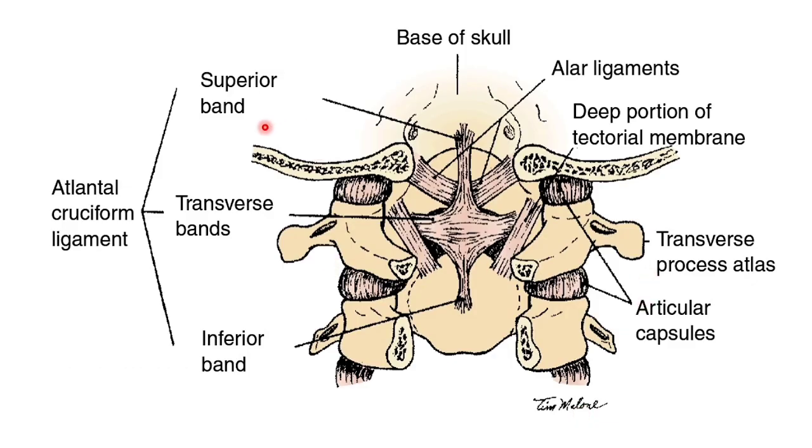So this is the transverse atlantoaxial ligament or atlantal cruciform ligament. It is formed by the transverse band, superior band and inferior band. The inferior band attaches over the axis and the superior band attaches over the base of the skull, that is your occipital condyles. The main function is to stabilize or hold the axis over the atlas.